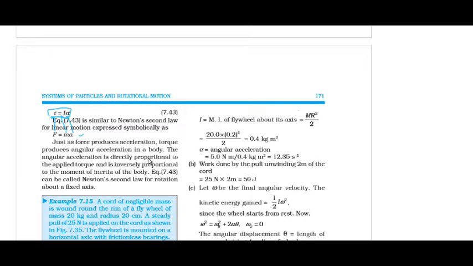So this is an important part. Equation 7.43 can be called Newton's second law of motion in rotation, for rotation about a fixed axis. Let us see a few of the solved examples.